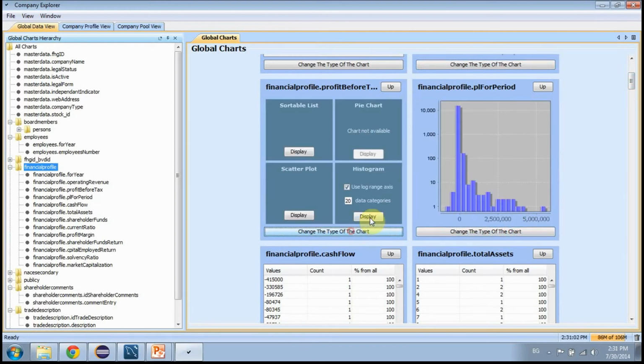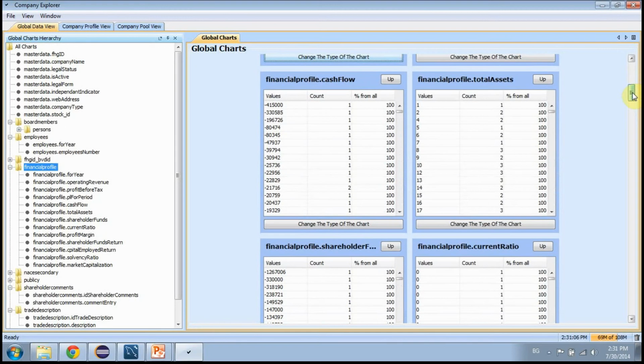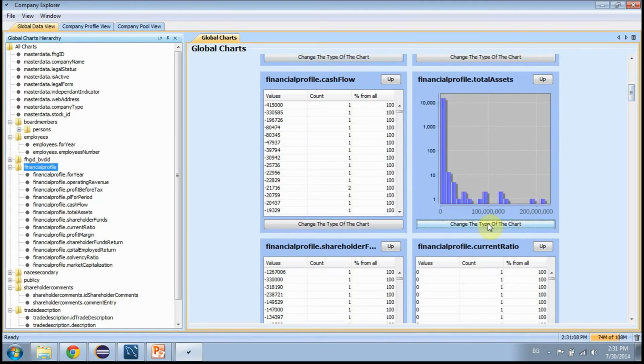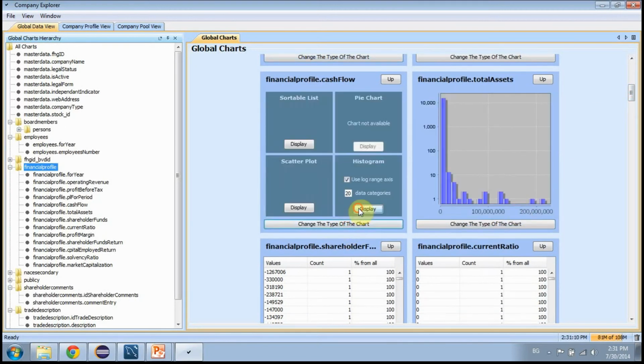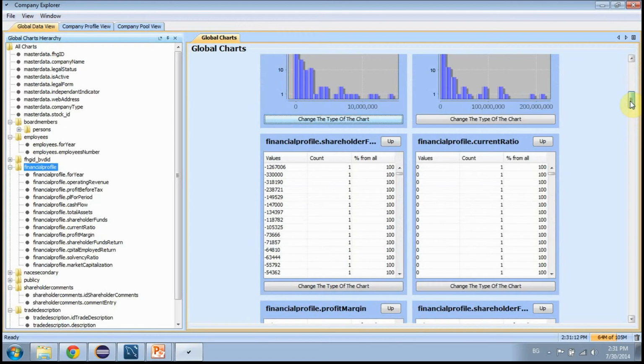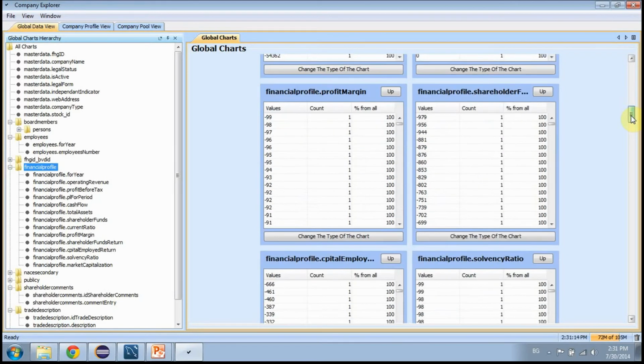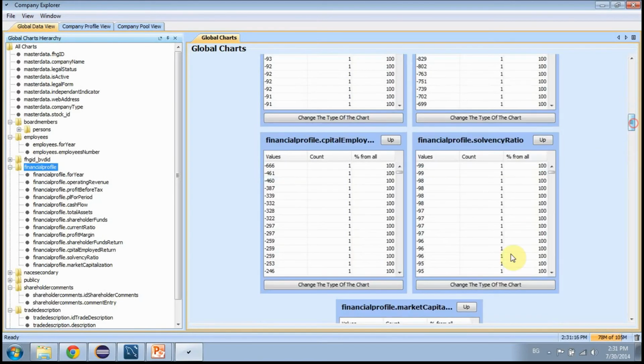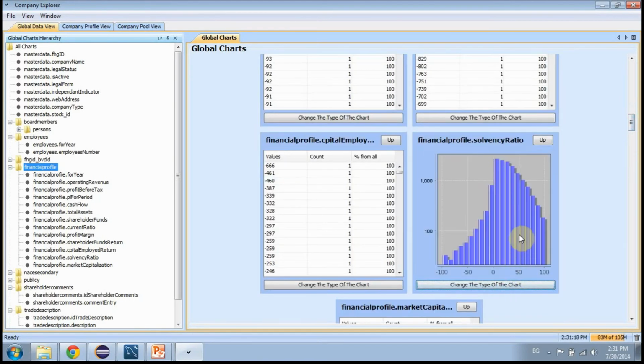For the category, we have profit before tax, the total assets of the company, cash flow, current ratio, what else? Solvency ratio is another interesting thing to see, that most of the companies have a solvency ratio larger than 0.